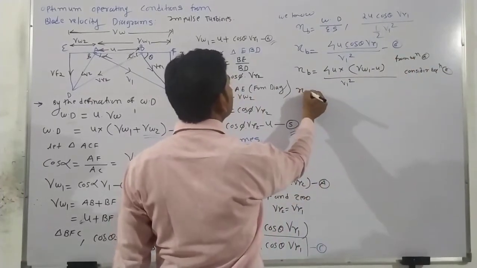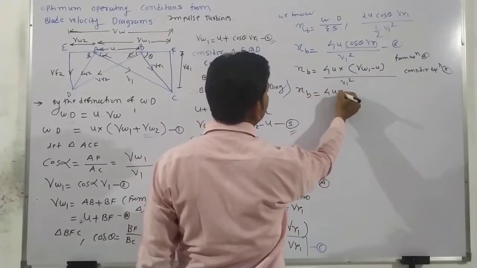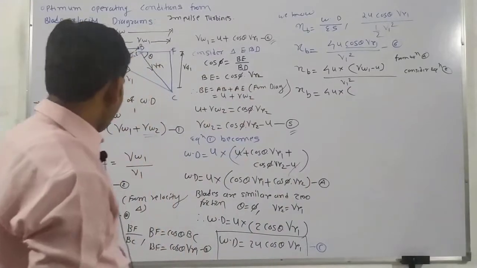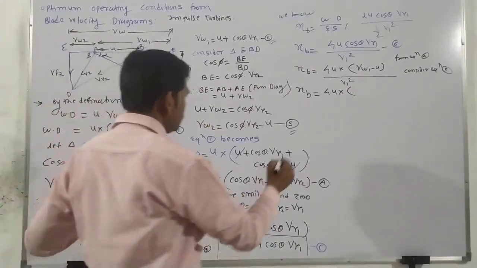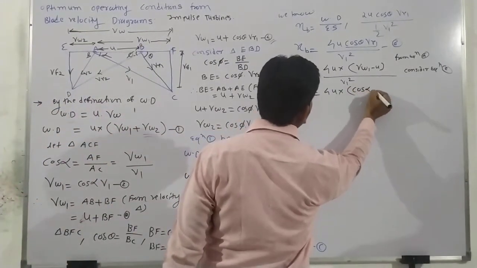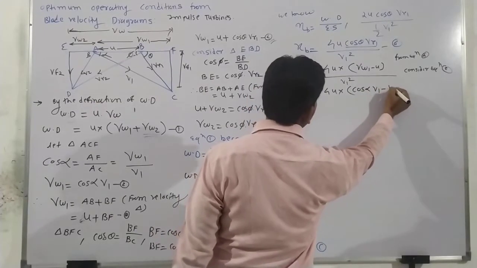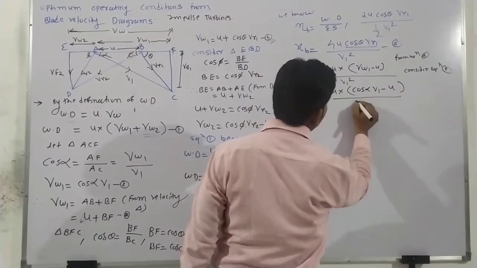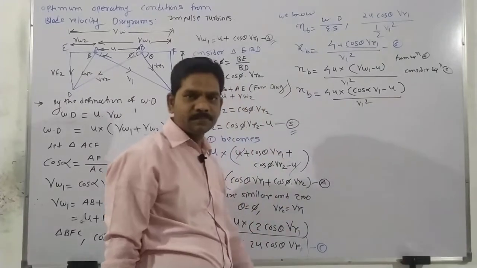So NB is equal to 4U into VW1, which is replaced by cos alpha V1 minus U, upon V1 squared.